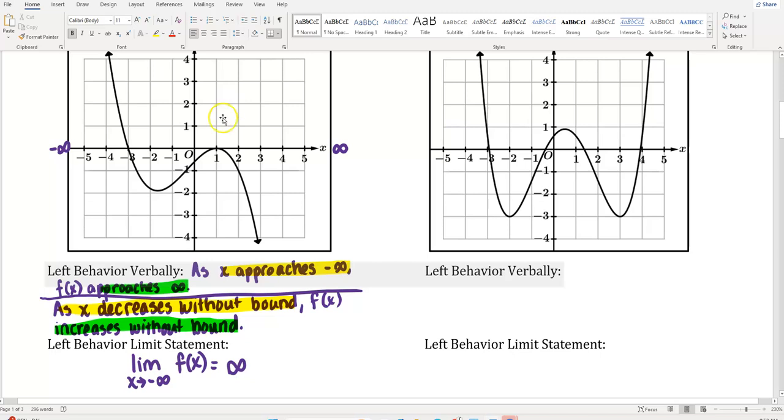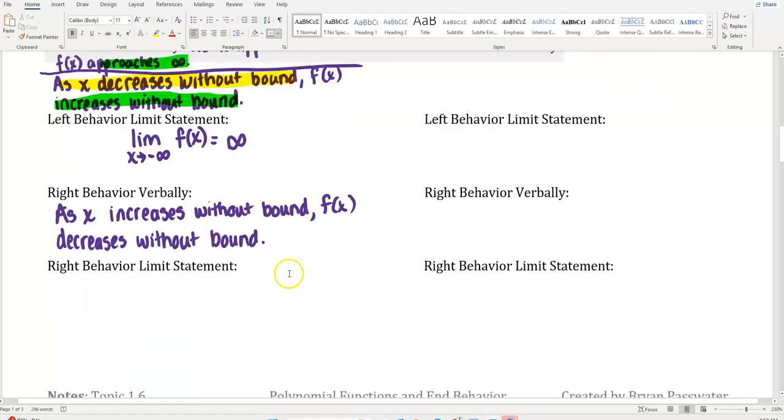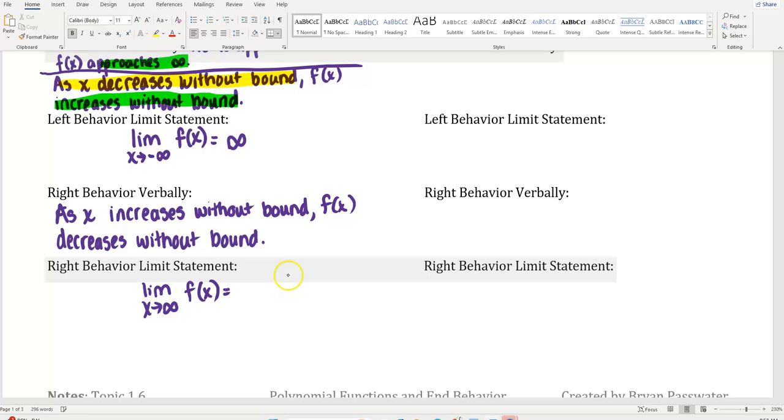So f of x decreases without bound. And so that limit notation looks like this. Limit as x approaches positive infinity of f of x equals negative infinity.